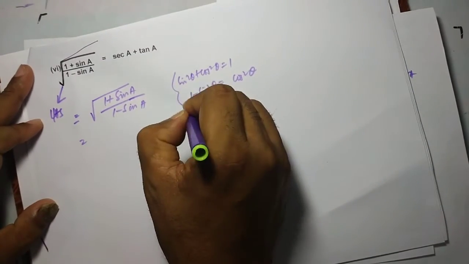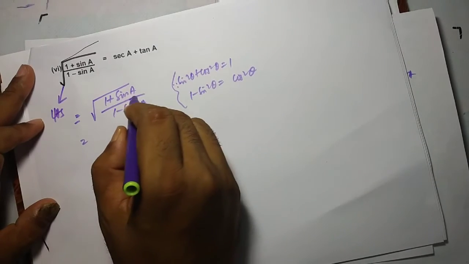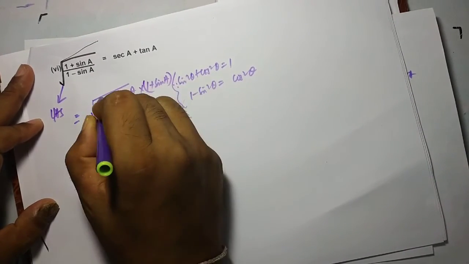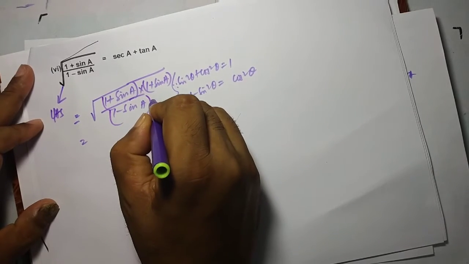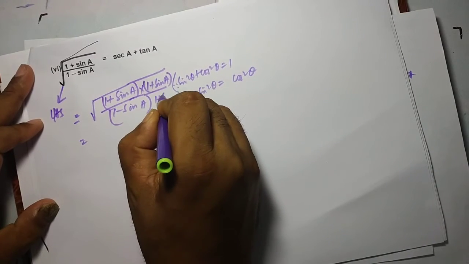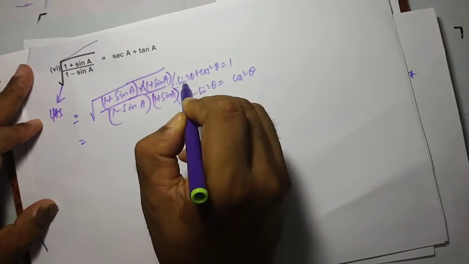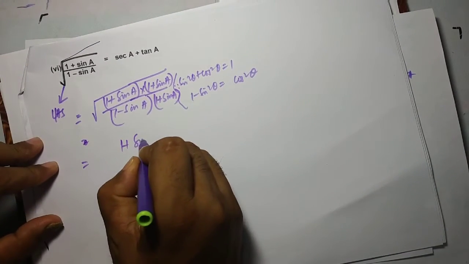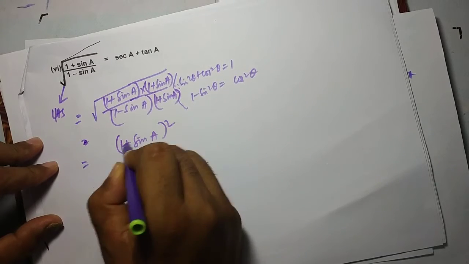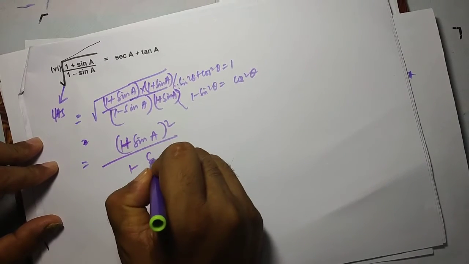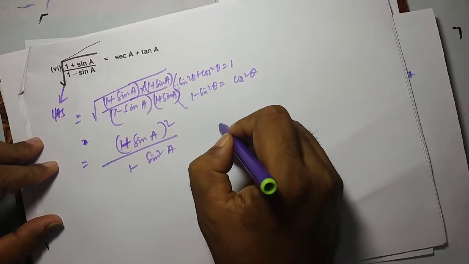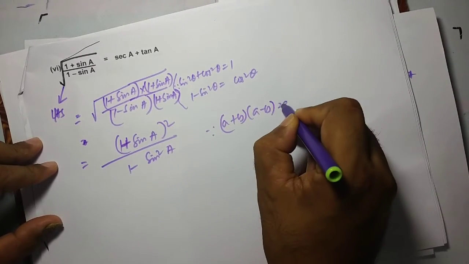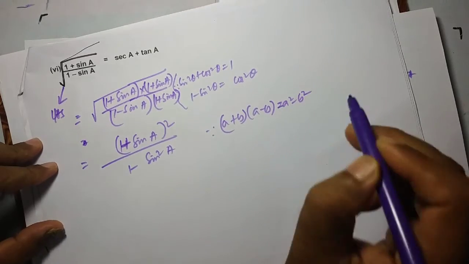So I will multiply this, in the top also 1 plus sin A, and in the denominator also 1 plus sin A. So what will come here? So this is 1 plus sin A whole square, and bottom is 1 minus sin square A, because A plus B whole into A minus B equal to A square minus B square, right?